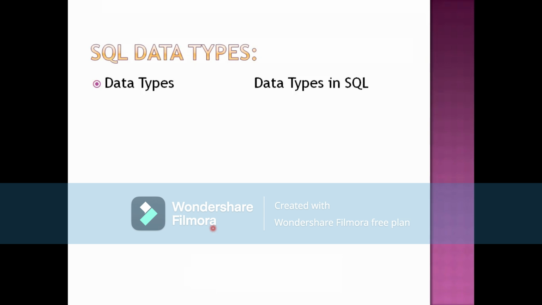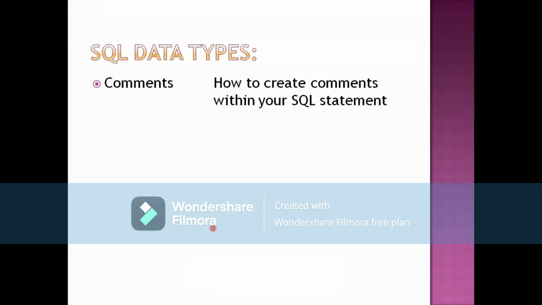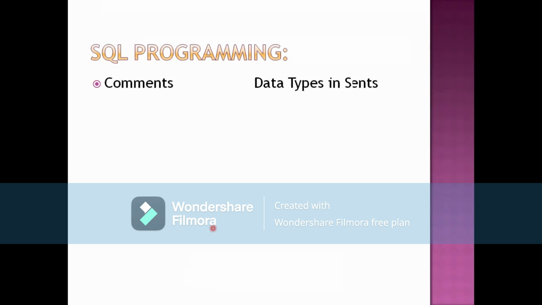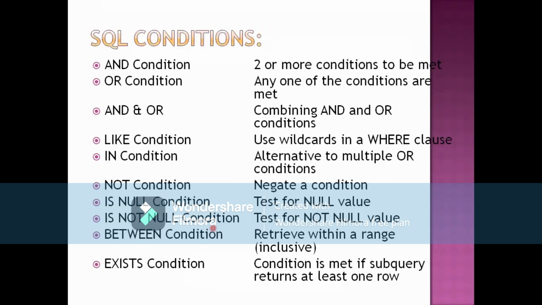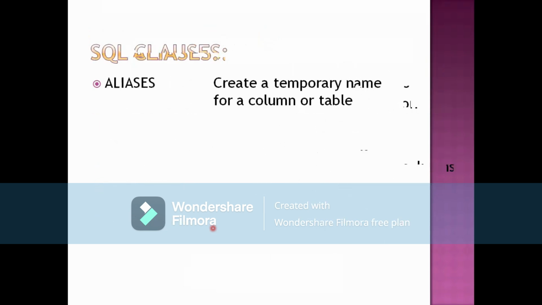We will discuss the different types of data types in this concept. In the SQL programming concept, we will cover commits, how to commit an SQL statement, things like this. This is the overall overview of the SQL topics.